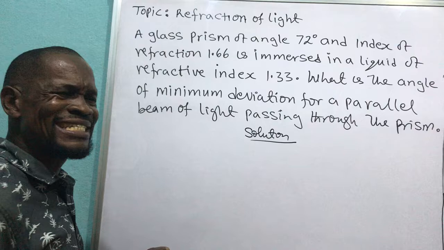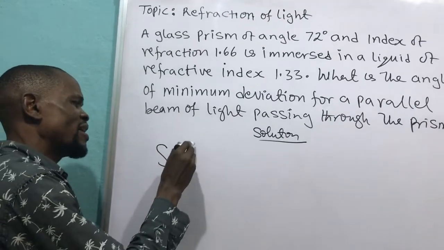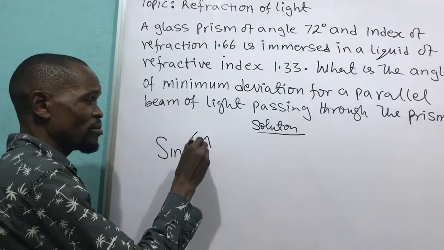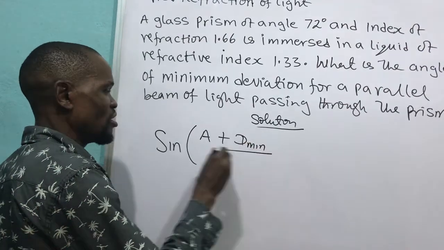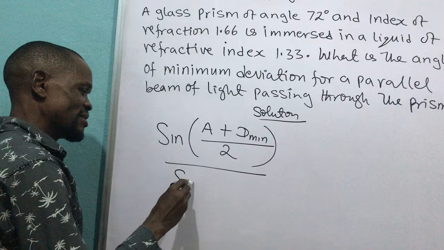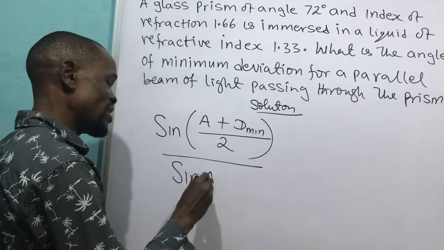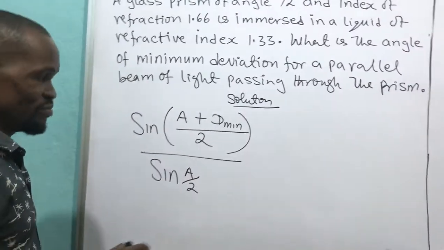We are going to use Snell's law, which says sine of the incident angle, in this case A plus minimum deviation all over 2, divided by sine of the refraction angle, which is A divided by 2.